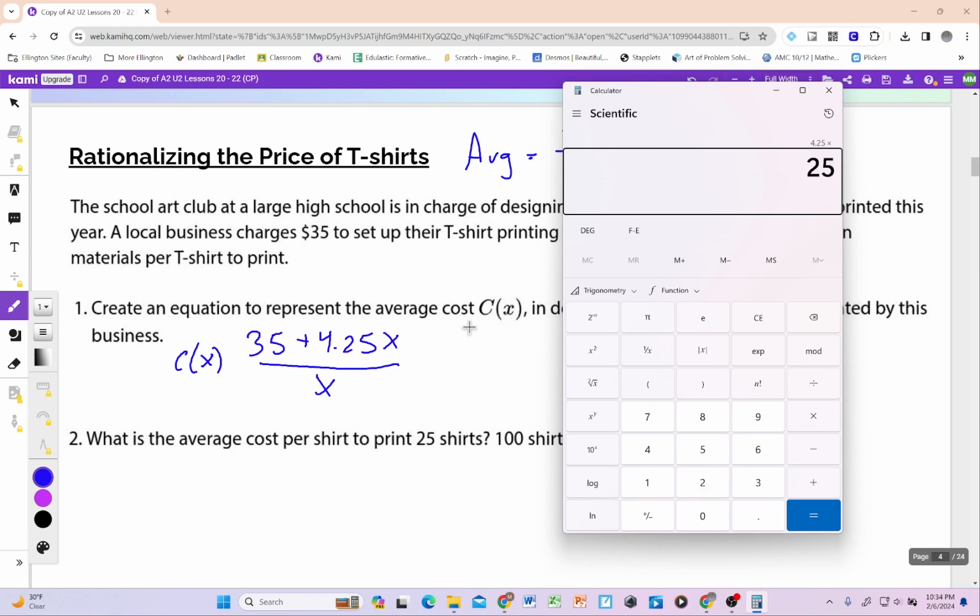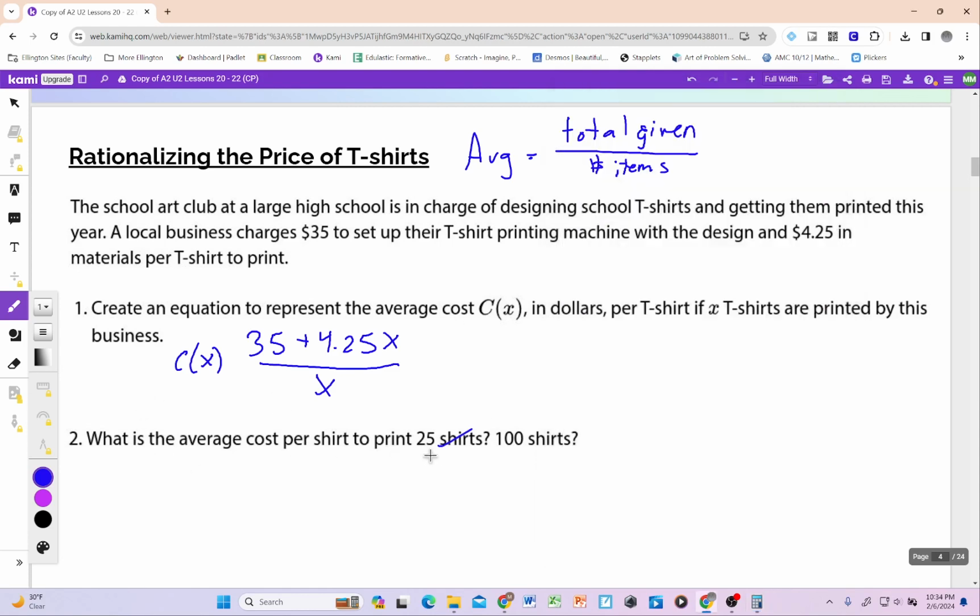So 4.25 times 25 plus 35 divided by 25, 5.65. So for 25 shirts, I would say C of 25 equals 5.65.